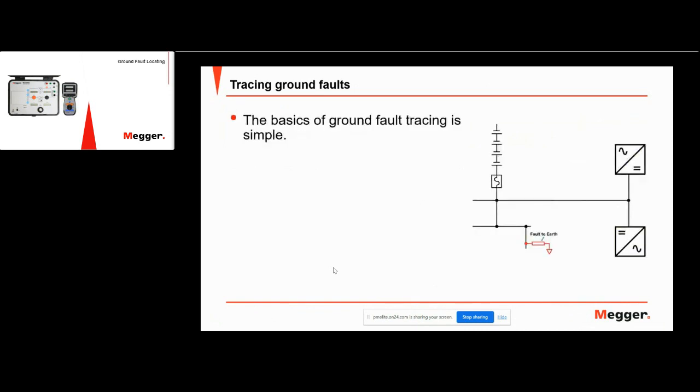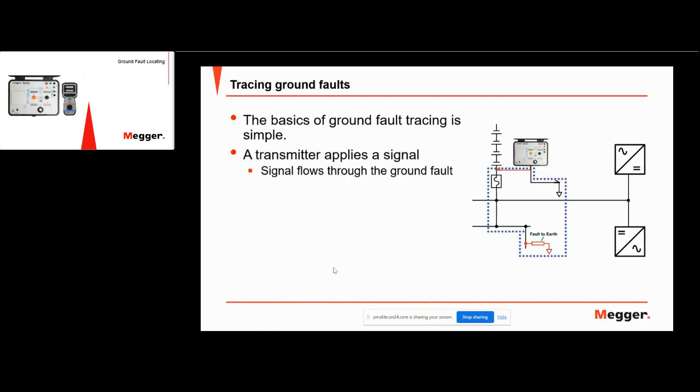So what are the basics of ground fault tracing? Really, the whole basic concept is quite simple. You have a ground fault to earth. So we're going to take a transmitter and connect it between the side of the circuit that has the ground fault and earth.